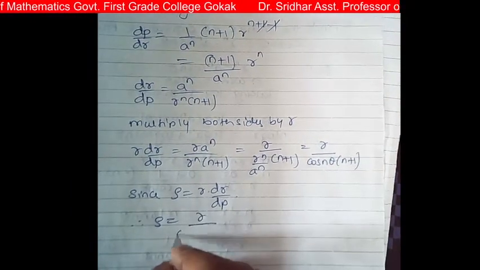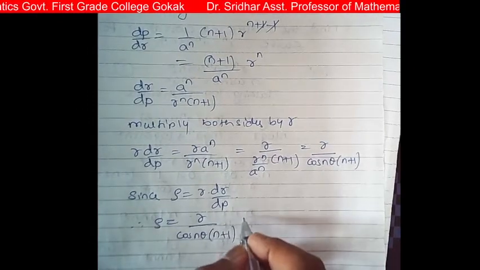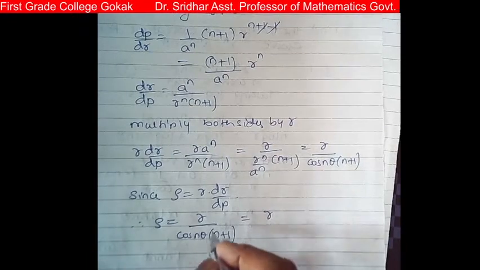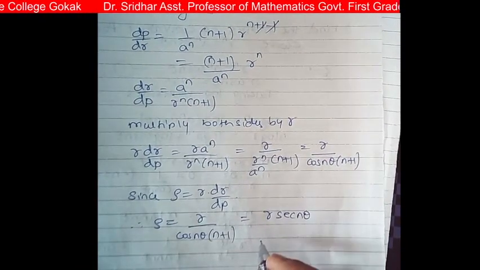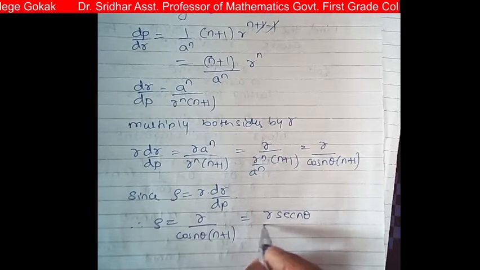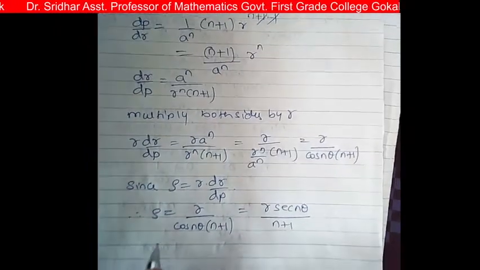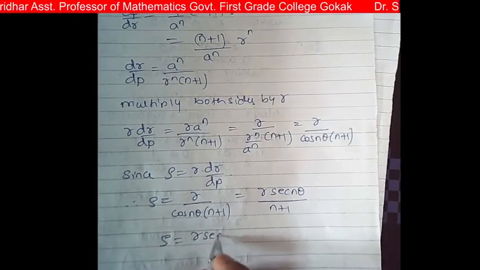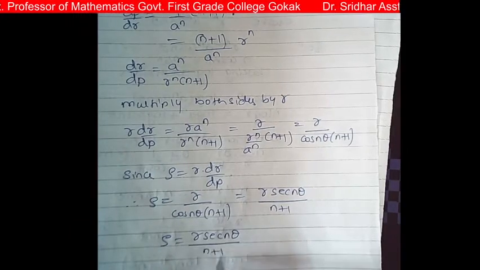So r divided by cos n theta into n plus 1, or this is r into 1 by cos n theta, which is sec n theta, divided by n plus 1. Or rho is equal to r sec n theta divided by n plus 1.